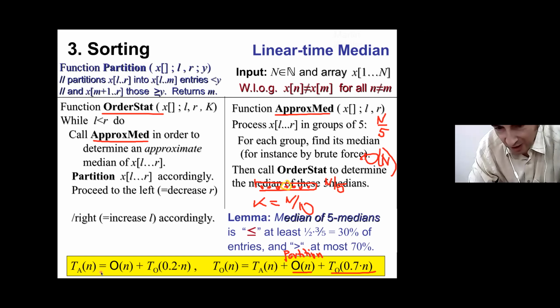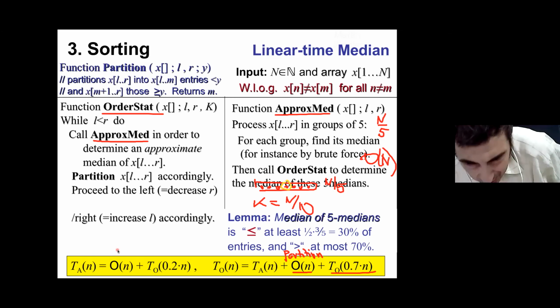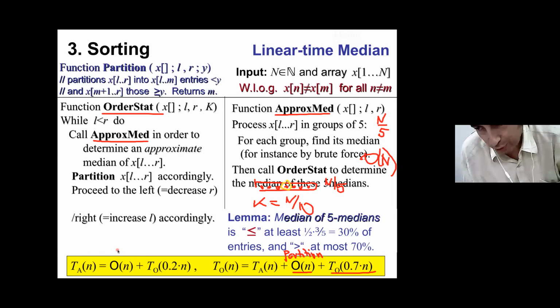So you need this O of n. Okay, now here I write capital N. Now here it was written small n, but this O of n here is that one. Okay, so this is the effort that you need to determine the median of the 5 groups.